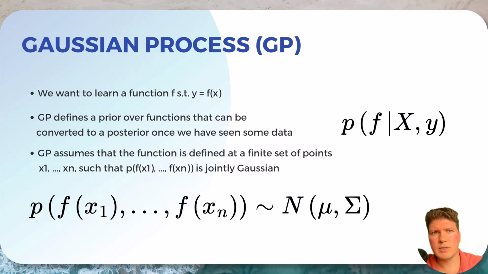A Gaussian process defines a prior over functions that can be converted to a posterior once we have seen some data. To define a distribution over a function, we only need to define it over a finite number of points, x1 through xn. And a Gaussian process assumes that the probability p of f of x1 through f of xn is jointly Gaussian with some mean and covariance.